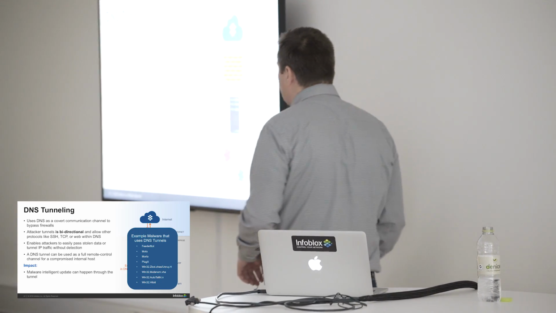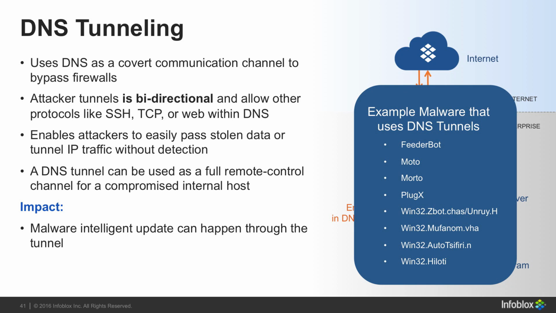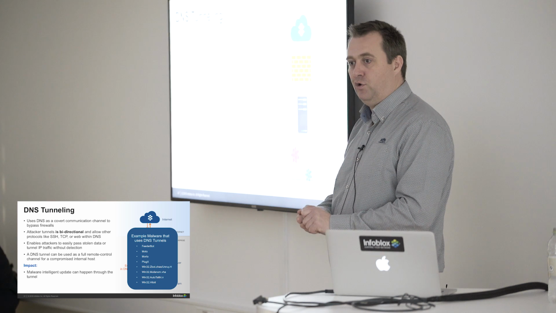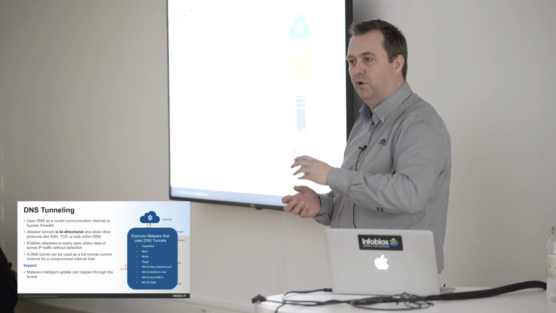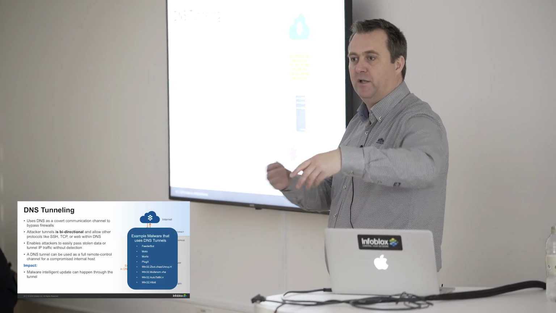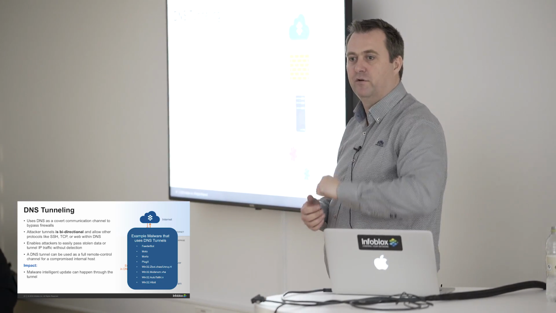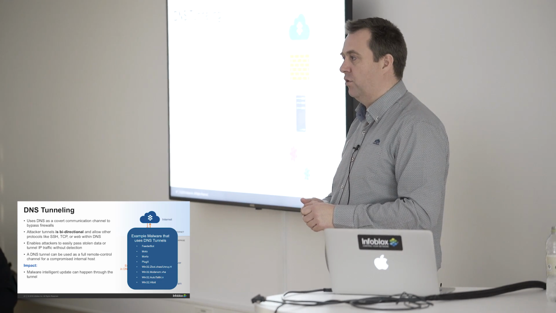DNS tunneling is more of a bidirectional communication that is set up over DNS. Everybody knows what a VPN tunnel is. You connect to a VPN server and put your IP packets in that tunnel, and you can have bidirectional communication. You can take over a machine which is in the company.